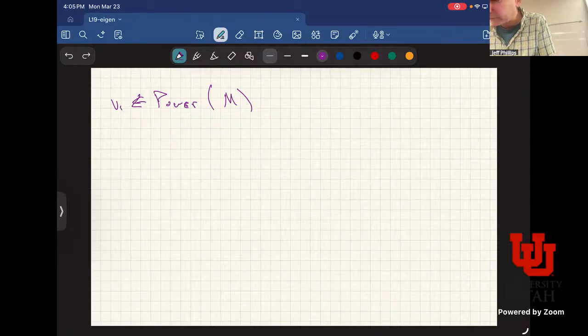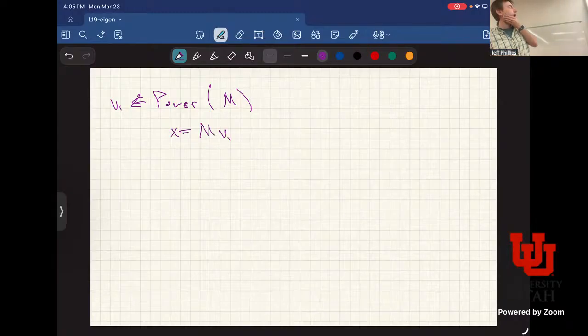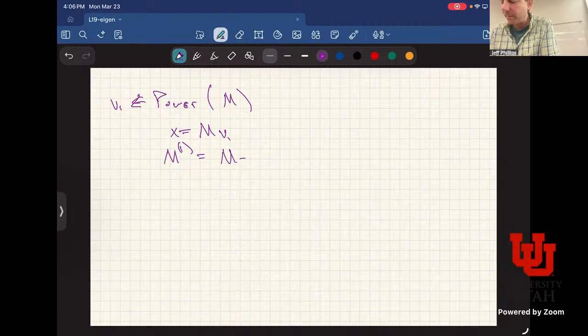Actually, I want to get the scale here, so I need to do this: let's call X equals M times V1. Okay, so this has the scale. Then I'll say M1 equals M minus X V1 transpose. This removes a rank 1 component with the scale information.